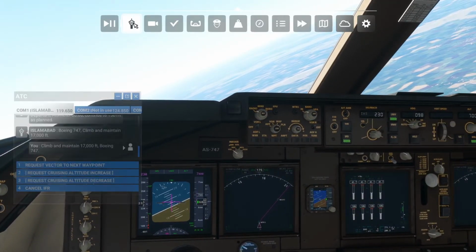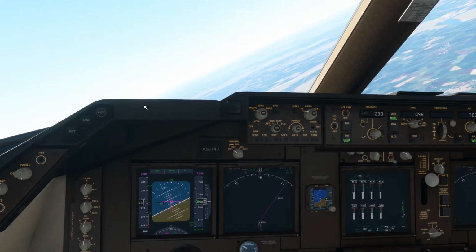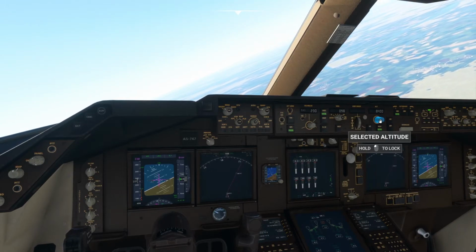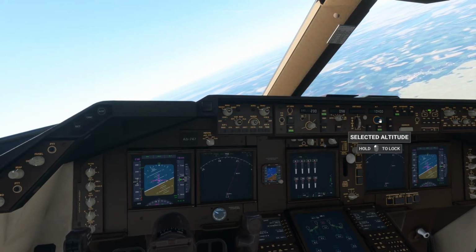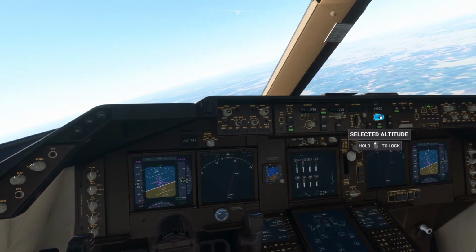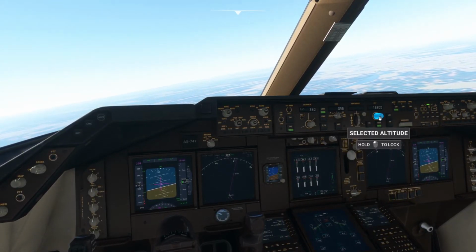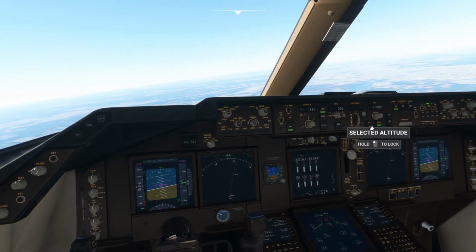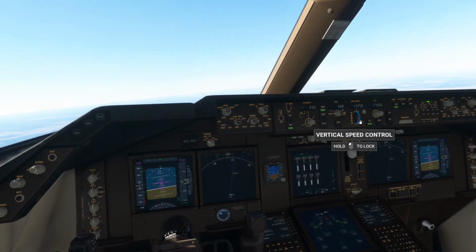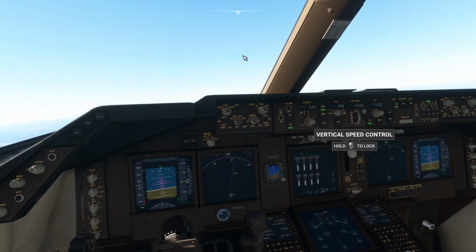So let's see, 17,000 feet. Now we have a clearance for 17,000 feet. So I'll simply set it to 17,000 and you will see that it will work perfectly all right. It's very simple. It's not a very big rocket science. Okay, vertical speed, and let's set it to 2,500. And that's it.